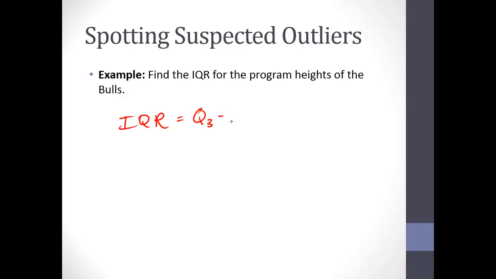Well, again, it's just the third quartile minus the first quartile, which was 81.5 minus 75.5. And that's going to be 6 inches. So the interquartile range here for this example is going to be 6 inches.